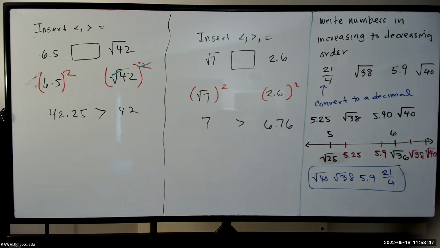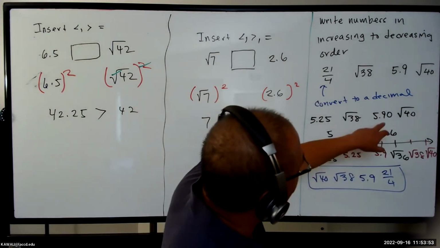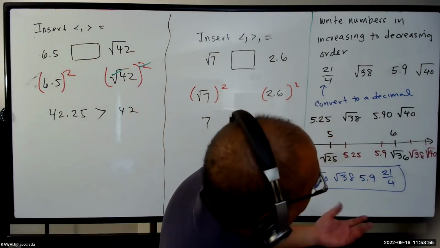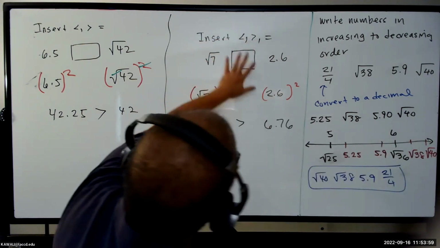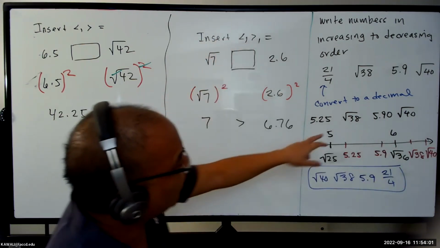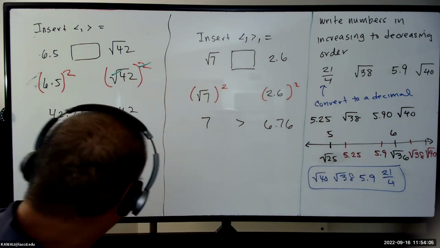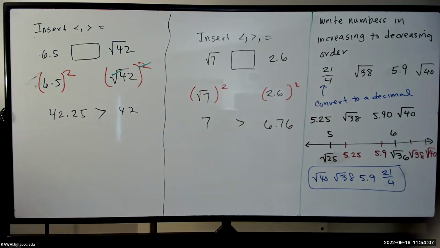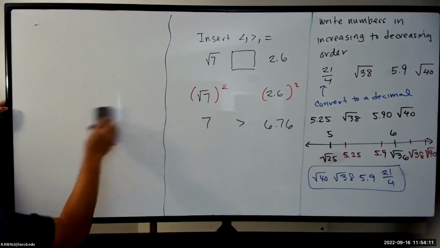So unfortunately, there isn't a great way. Now, if you wanted to compare 5.9 and square root of 38, we could use the technique I just showed you where you just square both sides, right? If a radical and a decimal are close, you could use this to determine which one is smaller, which one is bigger. But unfortunately, there isn't an easy way of doing it.